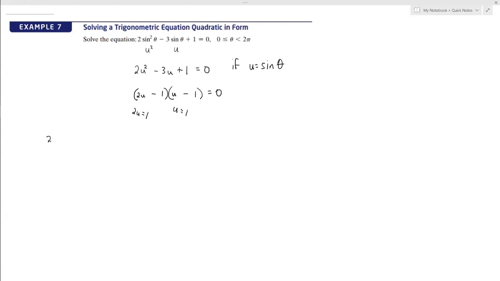So 2 times the sine of theta equals 1. Dividing by 2, we want a sine of theta equals 1/2. And that's going to happen at pi over 6.